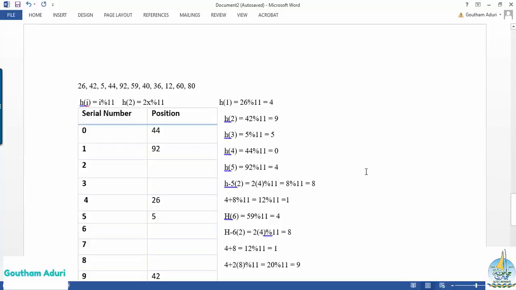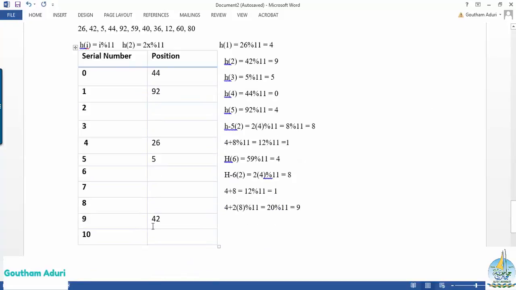So 59 is going to be in the ninth position. The ninth position is also getting a collision. So next is h1 plus 3h2, 3 into 8, so 4 plus 24, it's 28 mod 11. 11 twos are 22, and 6 is the remainder. So in the sixth position you are going to get 59.